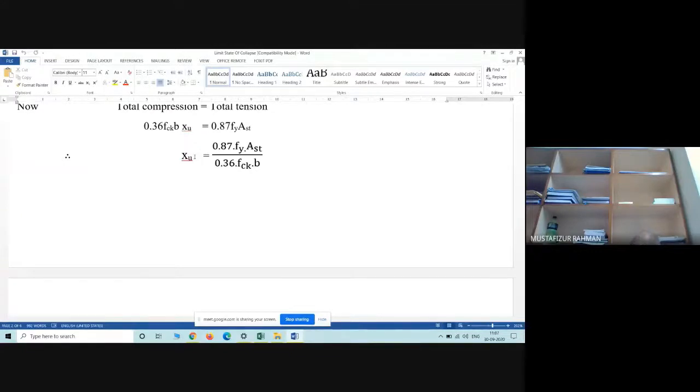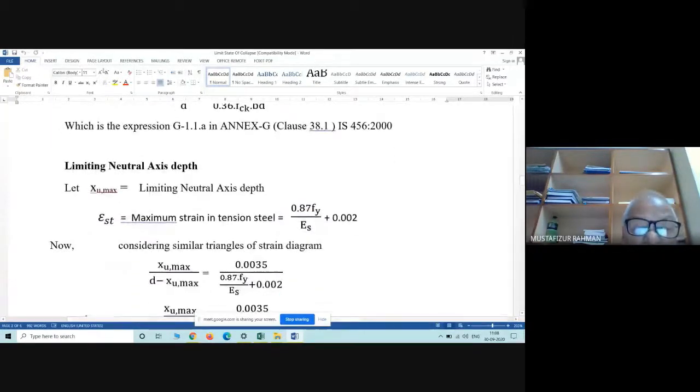This neutral axis may be smaller than this xu, may be higher than xu, or may be neutral. If xu is at that limit, then it will be called the limiting neutral axis. So the limiting neutral axis is normally represented by xu max. Okay, so limiting neutral axis depth is xu maximum.